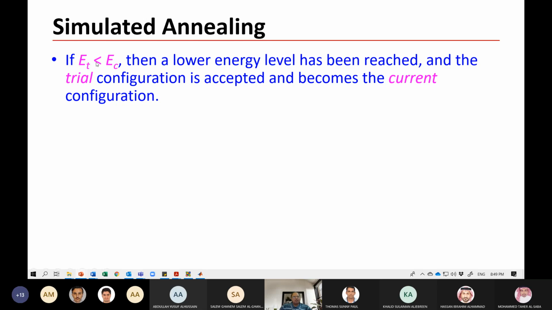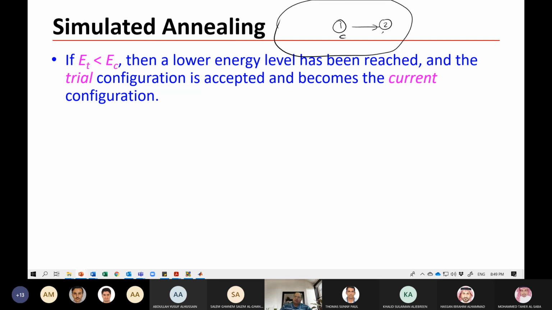So if ET is less than EC, that means the trial configuration is better, has lower energy than the current configuration. Then a lower energy level has been reached, and the trial configuration is accepted and becomes the current configuration. So this is position 1, and this is position 2, a trial in the neighborhood of the current.